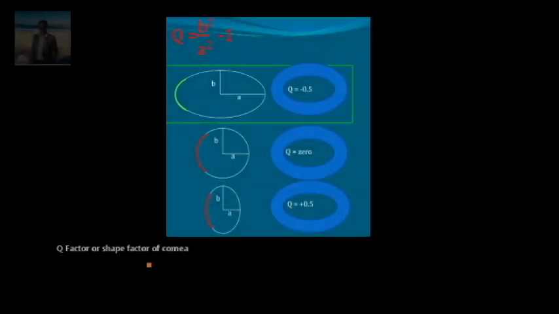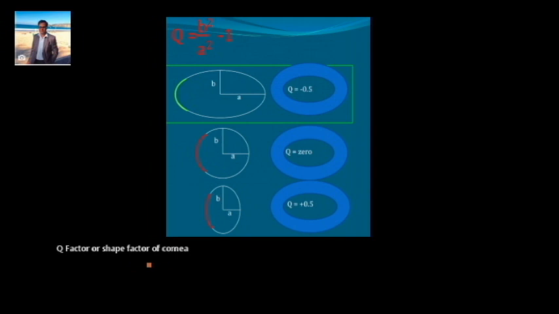Now let's talk about the Q factor, and we know the Q factor basically describes the shape factor of the cornea, and this is related to the spherical aberration that the patient might have, the amount of spherical aberration that the patient might have. Normally the cornea is a prolate shape.